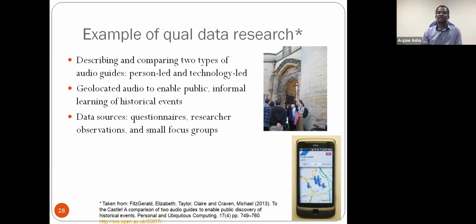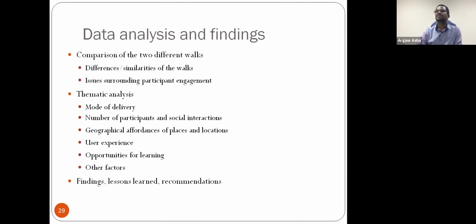They guide people from one place to another as visitors, as tourists. Some are personally led, and some are technology led. You can use questionnaires and informal or informative sources as data.